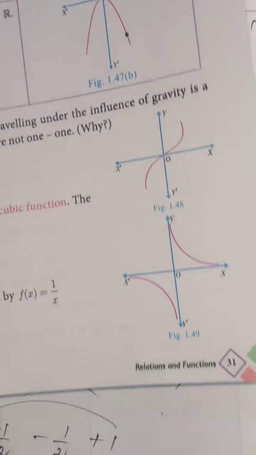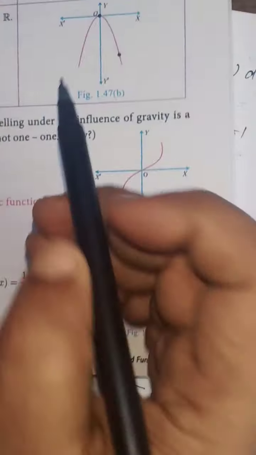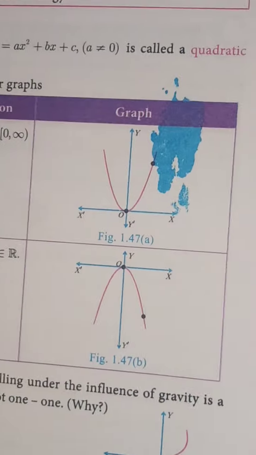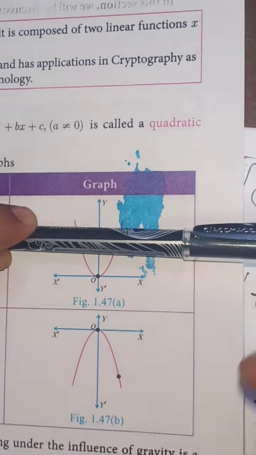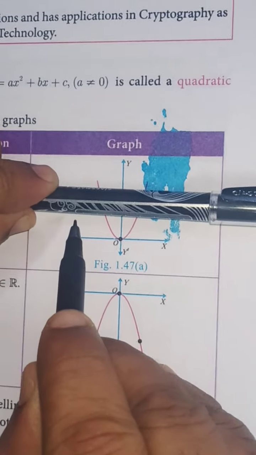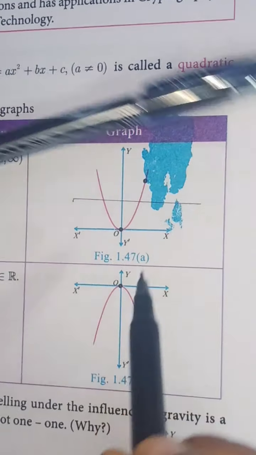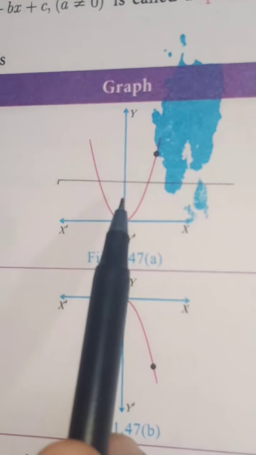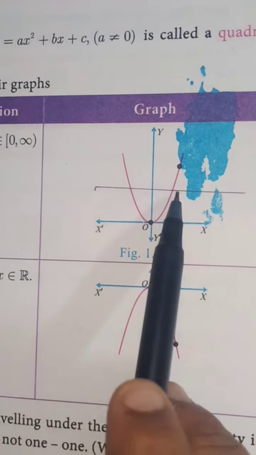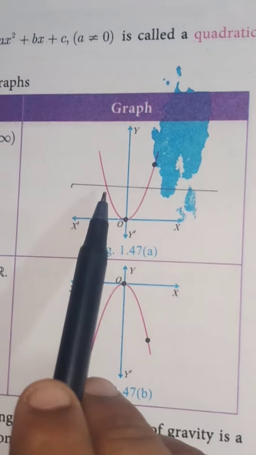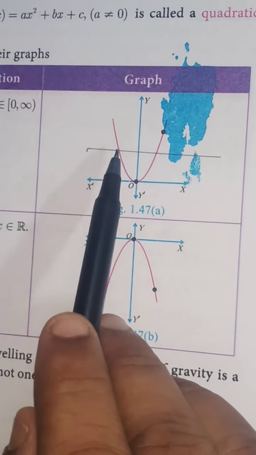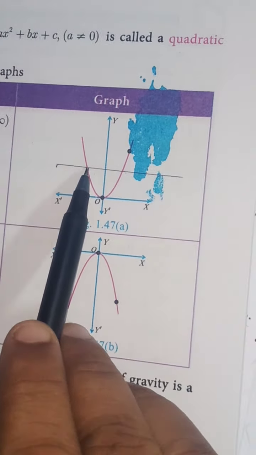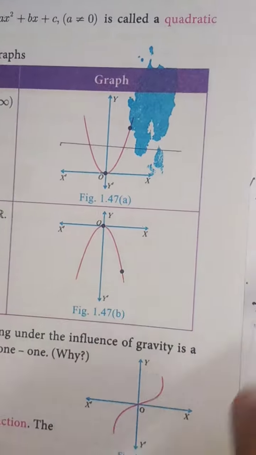For your reference, if I draw a horizontal line over here, you know that horizontal line test. If I draw a horizontal line, look at that, this horizontal line intersects the graph at how many points? 2 points. According to the horizontal line test, if a horizontal line intersects the graph at only 1 point, that is a one-to-one function. It intersects the graph at 2 points. Definitely it is not a one-to-one function.